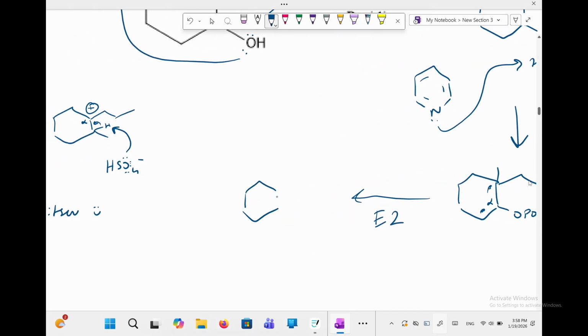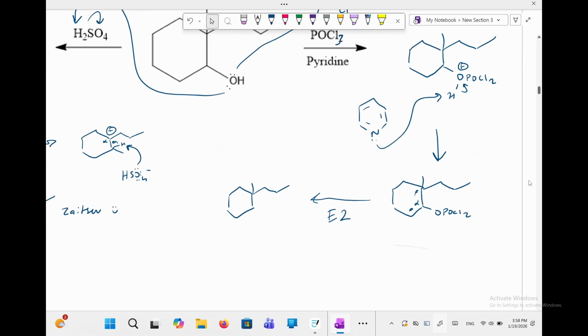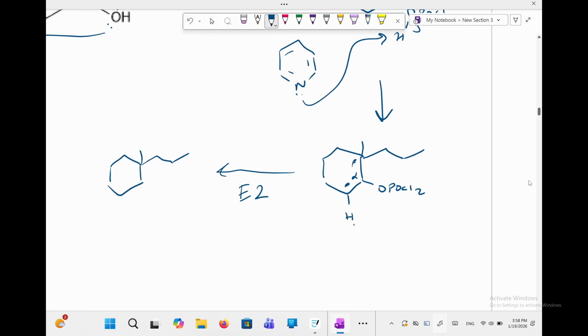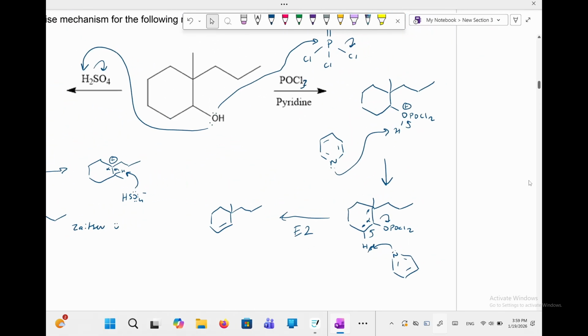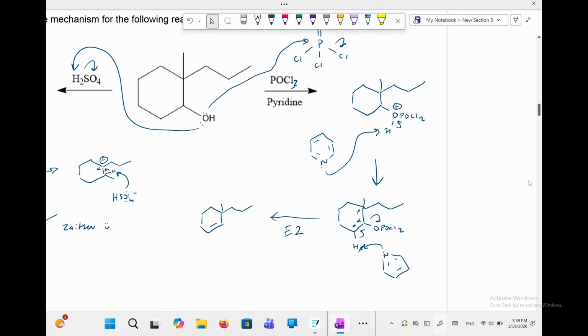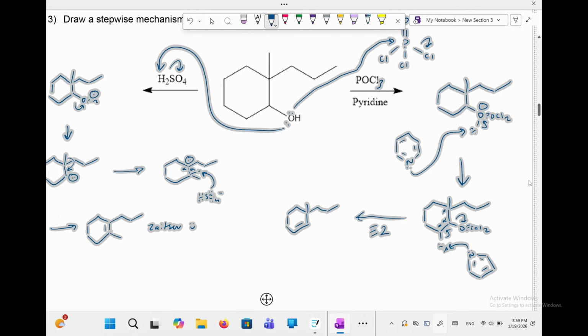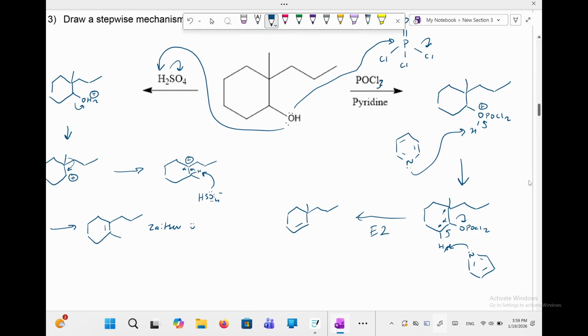We only see that one adjacent carbon has beta hydrogen, so we're going to pull off from there. And then we have the Zaitsev product for this reaction. Not necessarily the most stable of these two products when we compare them, but for this reaction alone, this is the most stable product we can get with POCl3, while this on the left is the most stable product that we can get with H2SO4.